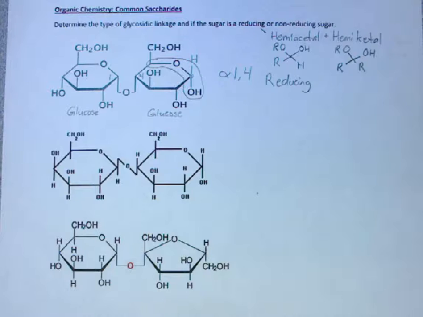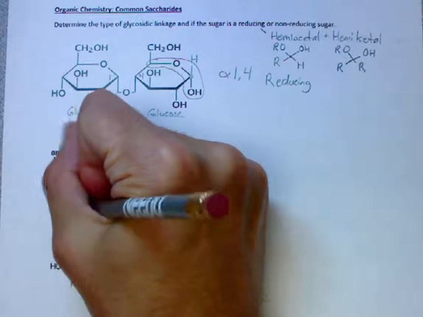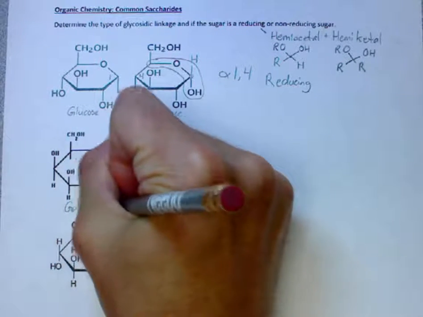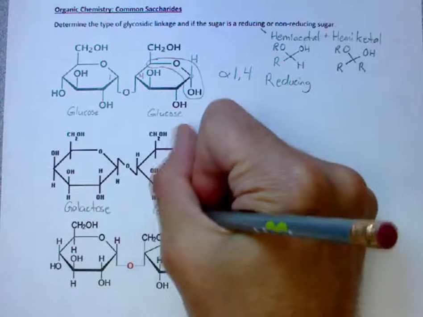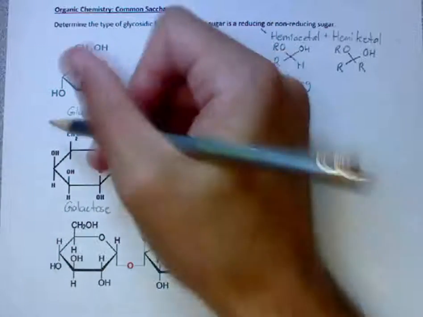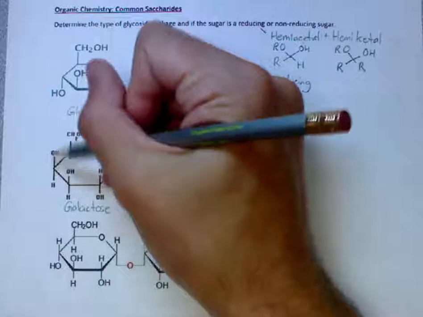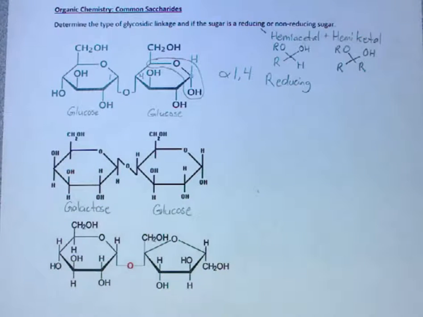For the next one, we have galactose with glucose. We can tell this is galactose because this carbon 4 here has this hydroxy group up instead of down. So galactose is a C4 epimer of glucose.